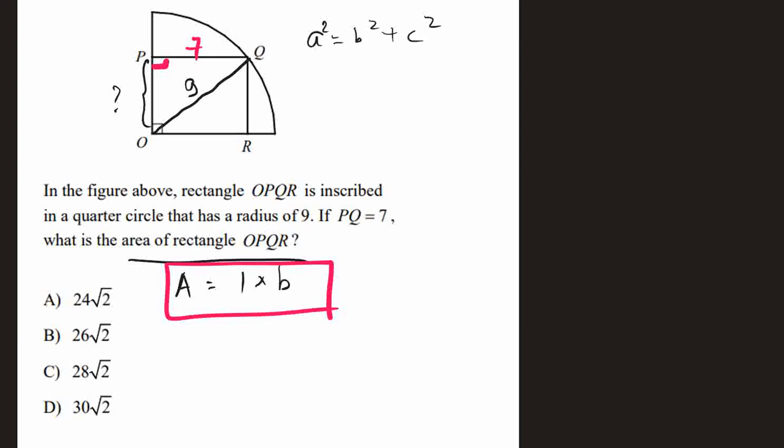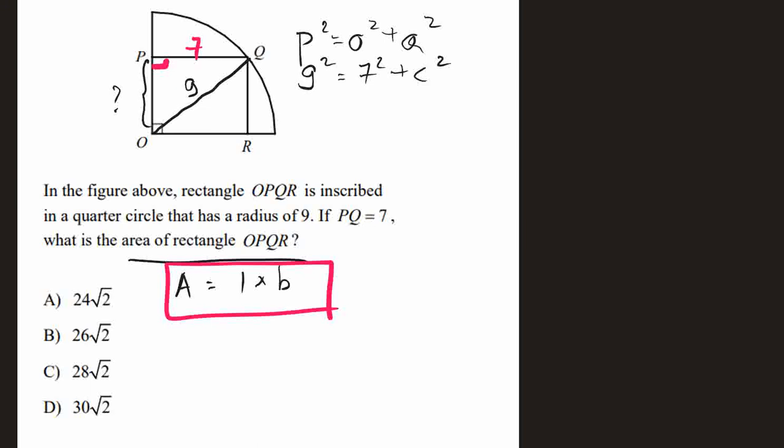Now here we take a as 9, so 9 square equals 7 square plus c square. Or you can replace with the vertices: 9 is in front of vertex p, so this is p square. 7 is in front of o, so o square, and then this will be q square.